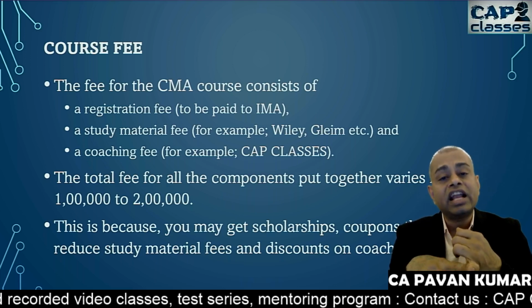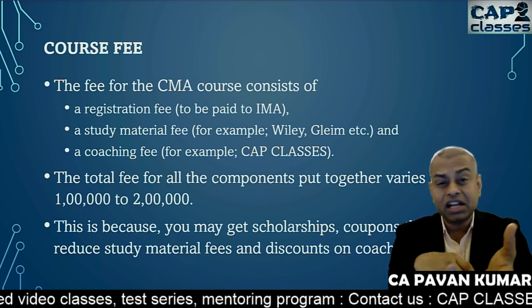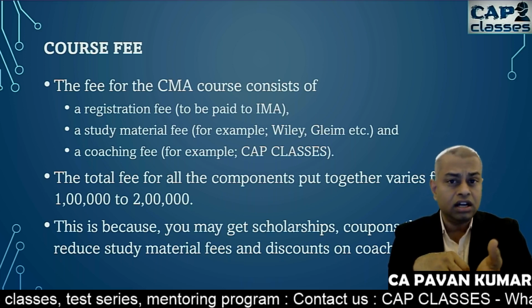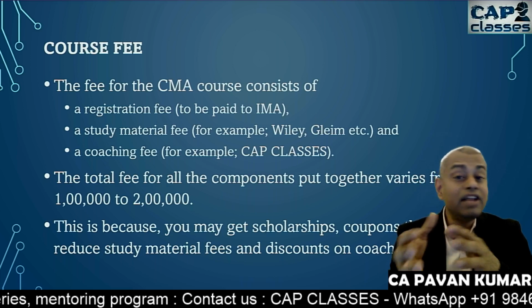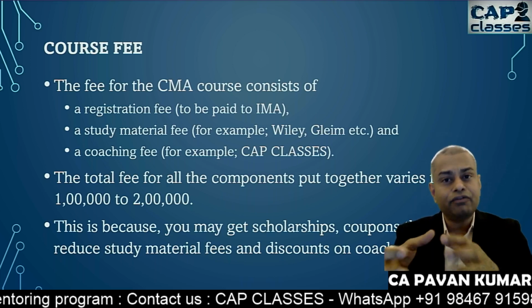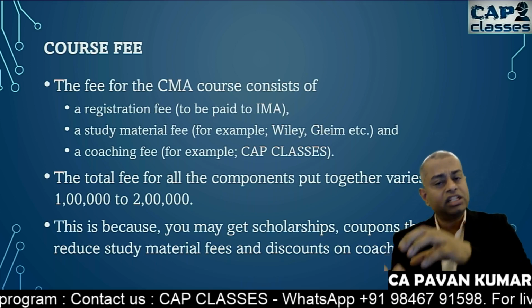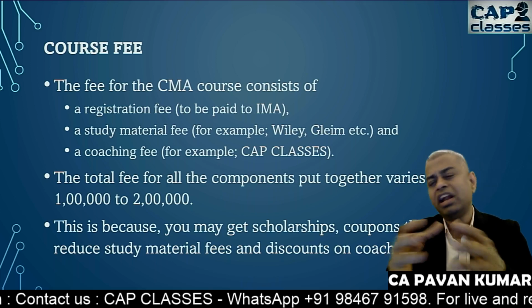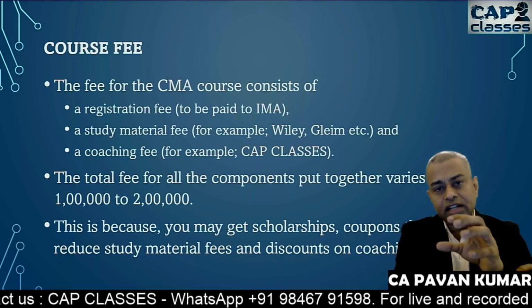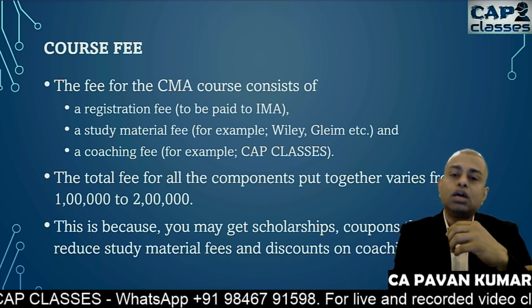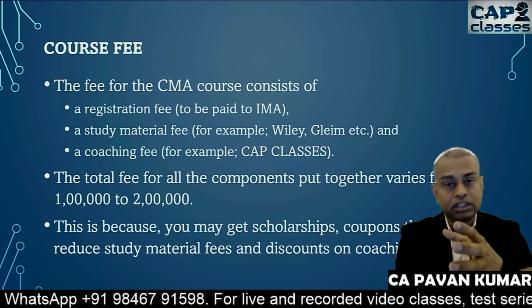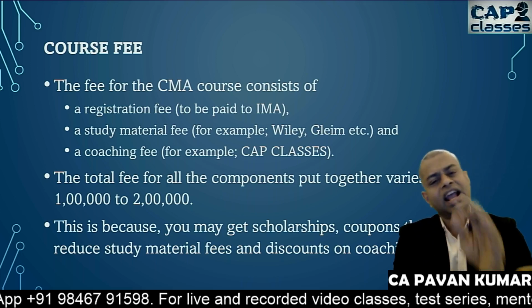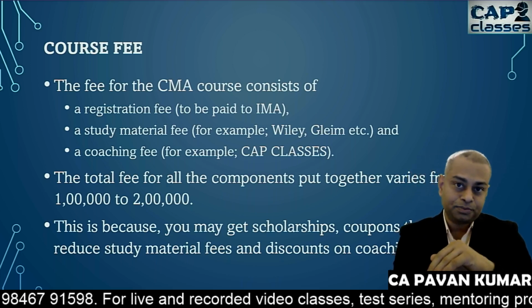Registration fee will be there with IMA, which is I think something like $210, and you need to write part 1 by paying $345, part 2 by paying $345. So $345 plus $345 plus $210, less than $1,000, which is like 80,000 Indian rupees. But don't worry, again there are so many discounts.